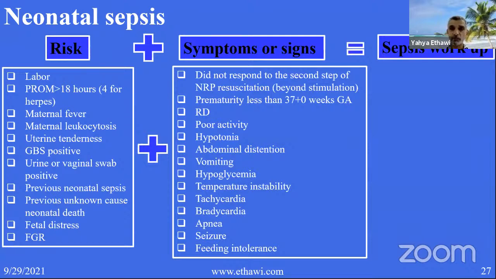The second step, stimulation. So any baby who needs resuscitation at delivery more than stimulation, such as providing PPV or providing oxygen, this is considered a symptom. If you have any of these risk factors and any of these symptoms, then the baby warrants a sepsis workup.